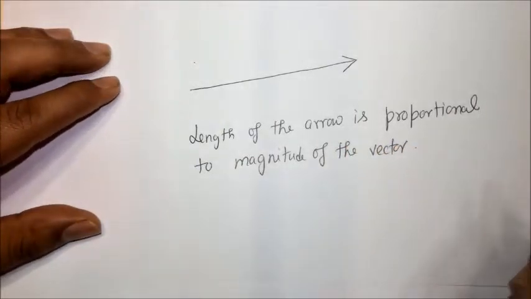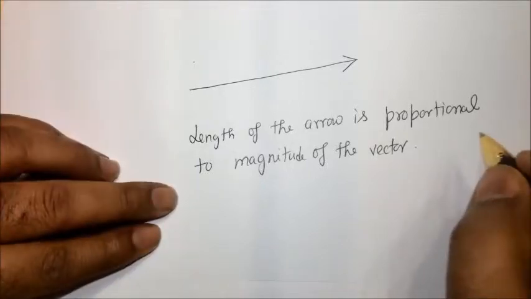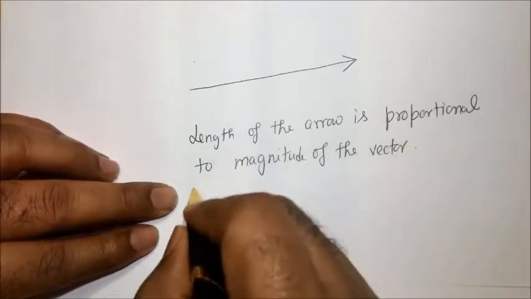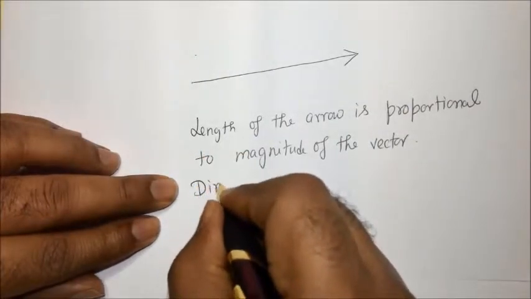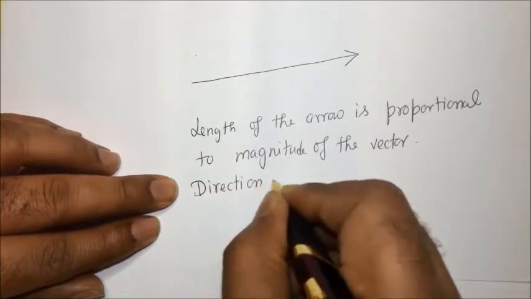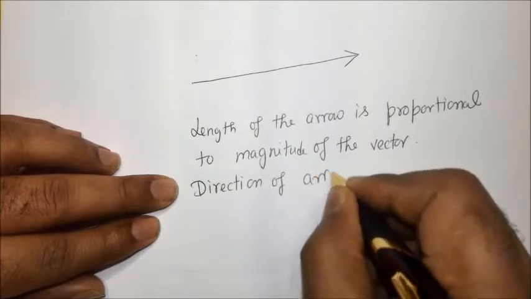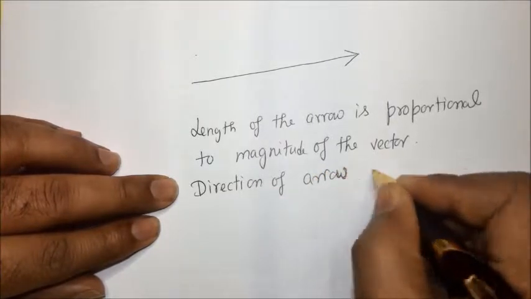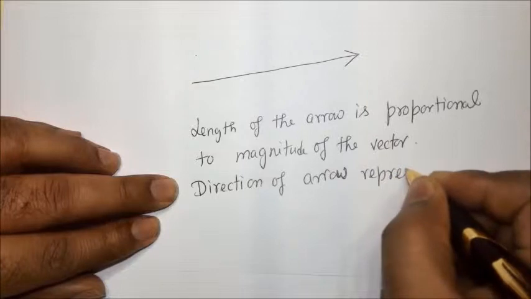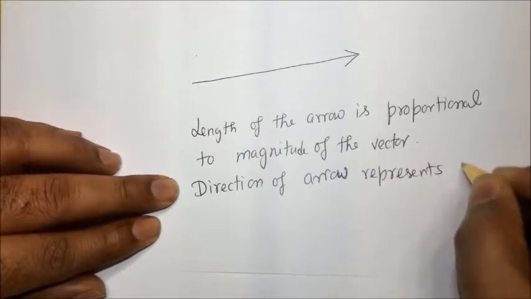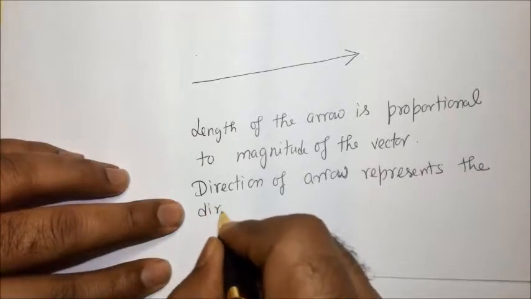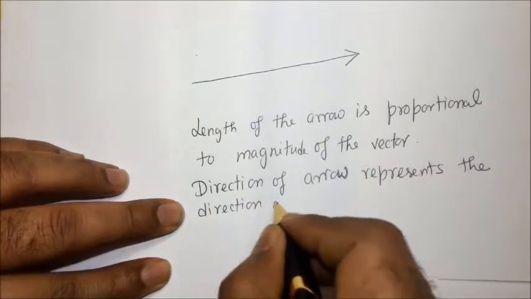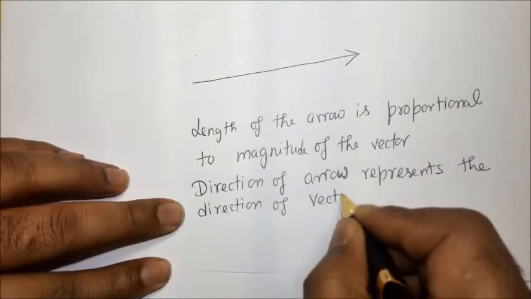Okay. The direction of the arrow represents the direction of the vector.